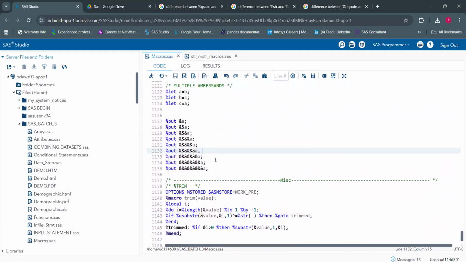If we miss one case, the answer will be totally different, so the chances of error are more here. We use double ampersand when we have to resolve in loops.